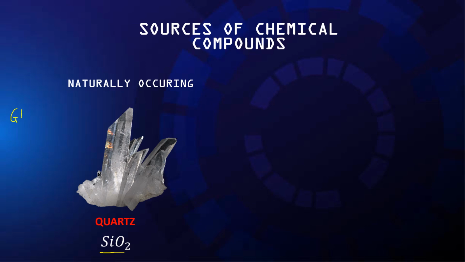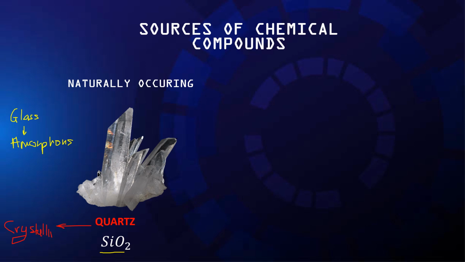Glass is an amorphous compound. But when we talk about quartz, quartz is actually crystalline. You can see crystals in this picture.